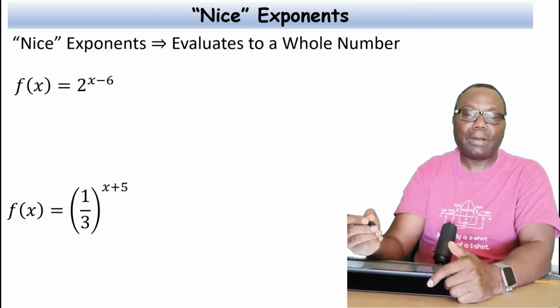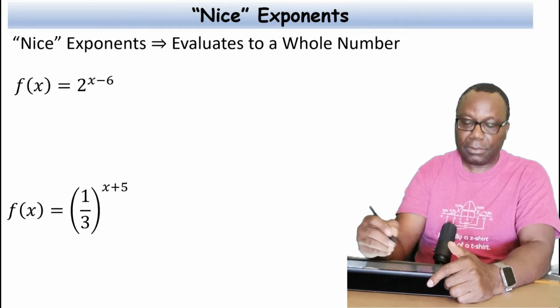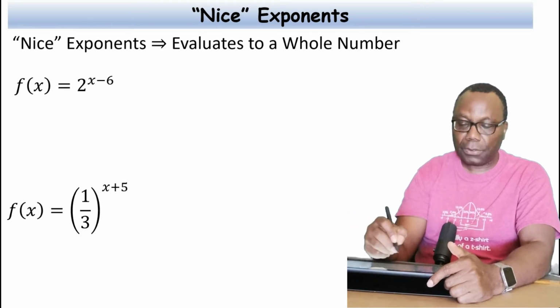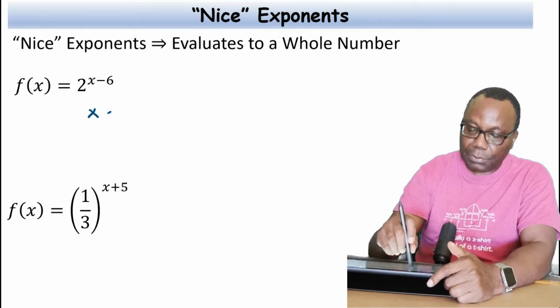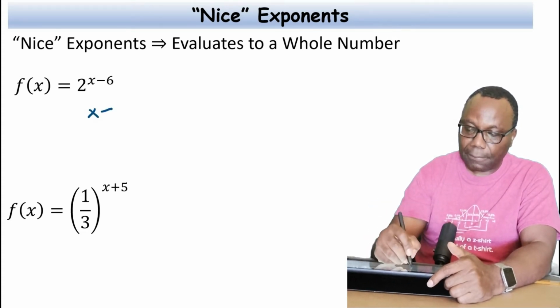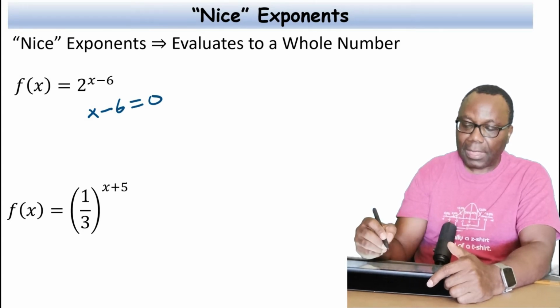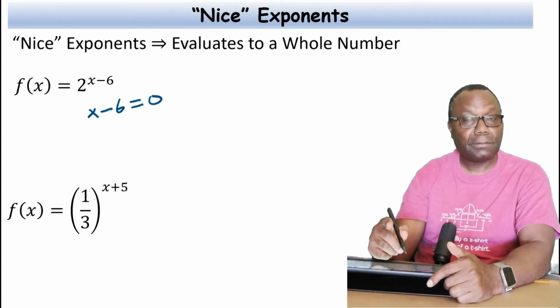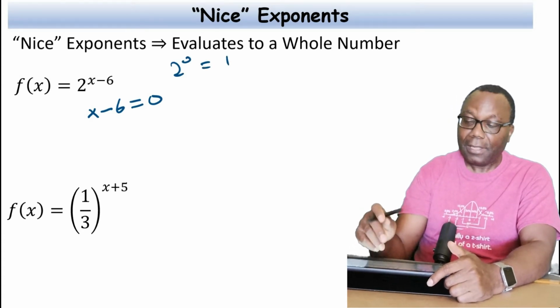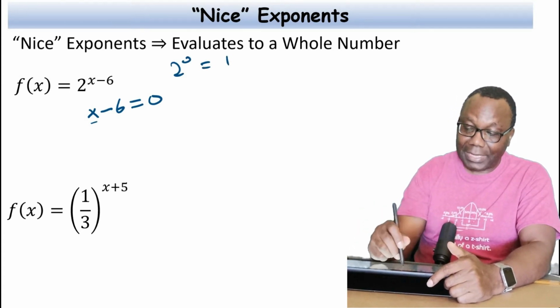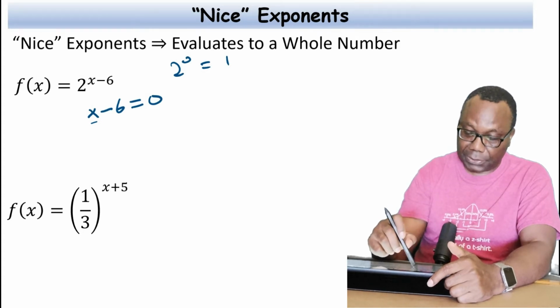But what if I want to do it another way? It can get very complicated. So I can just set that number to be 0 using algebra. Because I want 0 as the exponent, because 2 to the power of 0 is 1. See? So I want to set this to 0 and then add 6 to both sides.